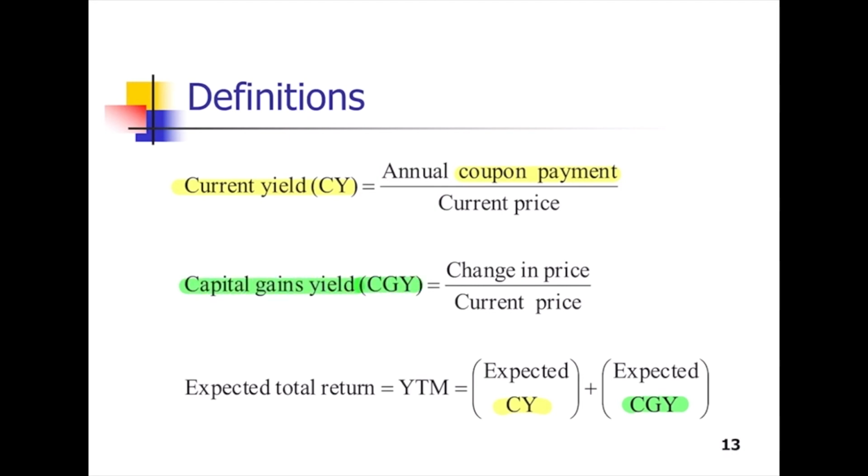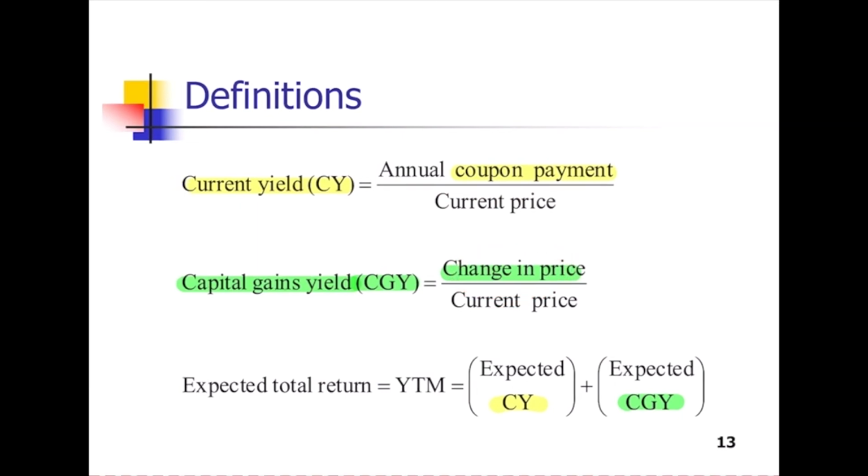It is about the change in price. The denominator is the same, right? As I mentioned before, yield to maturity is the return the bondholder can expect, and this return comes from coupon and change in price.